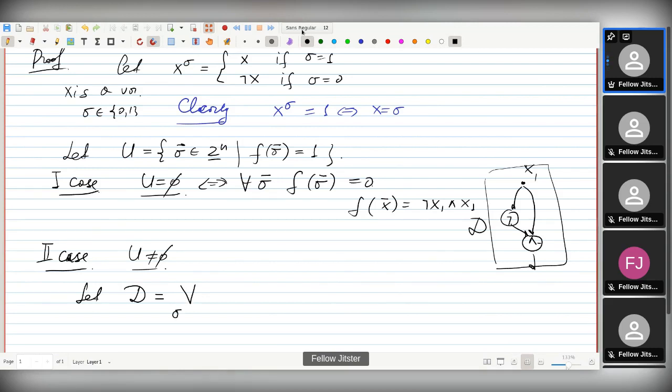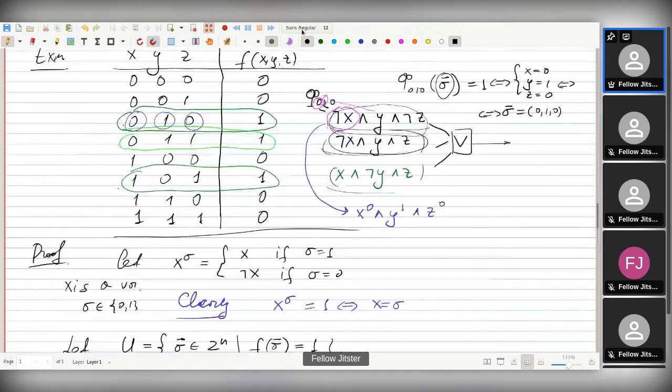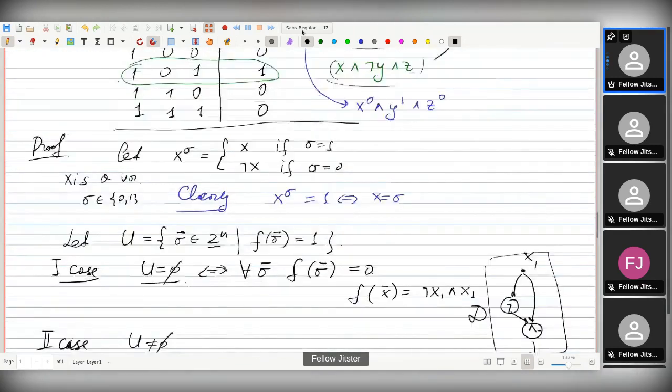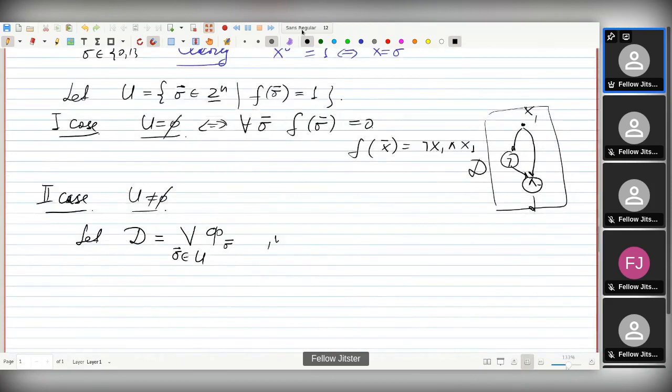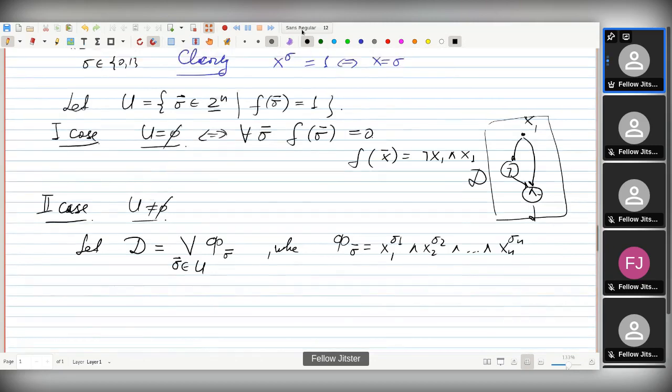It will be a disjunction where we take phi sigma for every tuple, where we have unity for every tuple from U, where phi sigma is just x1 to the power sigma 1 and x2 to the power sigma 2 and so on, xn to the power sigma n.